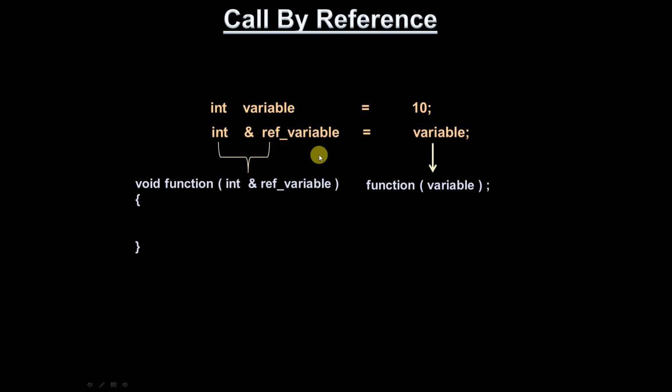Just for your convenience, keep one statement in mind: function definition argument equals function call arguments. Whatever is on the left hand side has to be present in the function definition, and whatever is on the right hand side has to be present in the function call. So this is about the call by reference method.